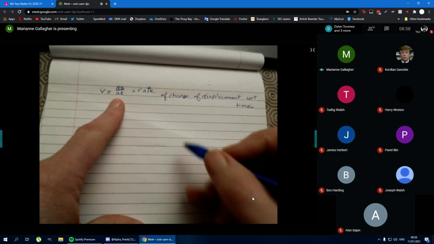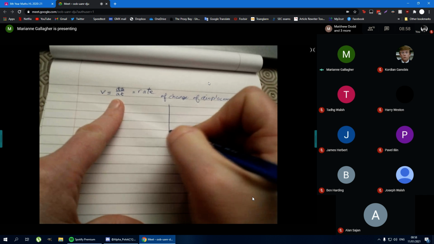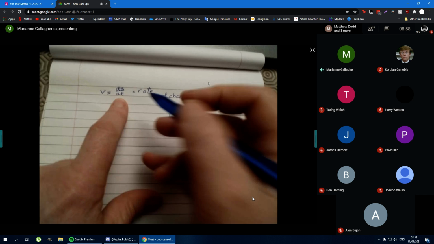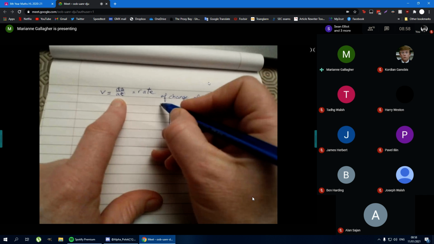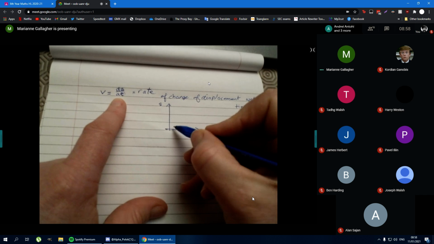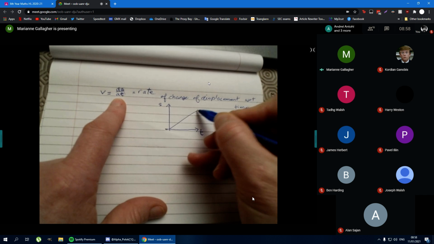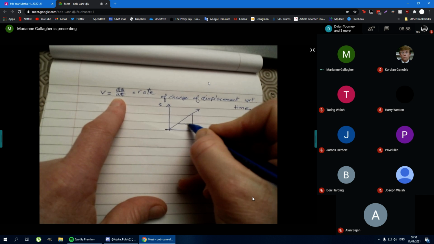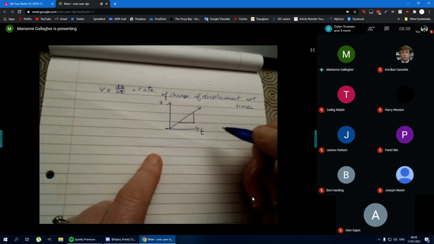Okay, so in other words, if you think of a graph, if you have time as your X and distance or displacement as your Y, you might have a straight line graph. If I get the slope of that graph, everybody seen this okay?